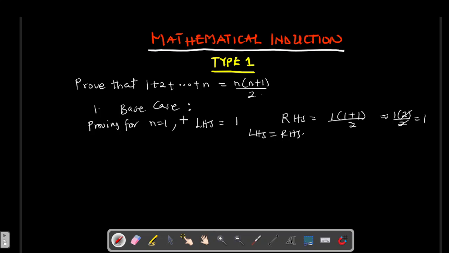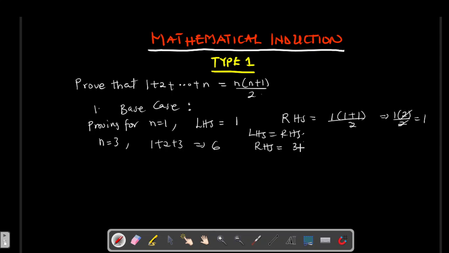What if we confirm more base cases? Now let's choose when n is equal to 3. When n is 3, we can test for 1 plus 2 plus 3. That is summing the first 3 terms, right? On the left hand side, that gives me 3 plus 3, that is 6. On the right hand side, what do I get? I get my n, which I chose as 3.